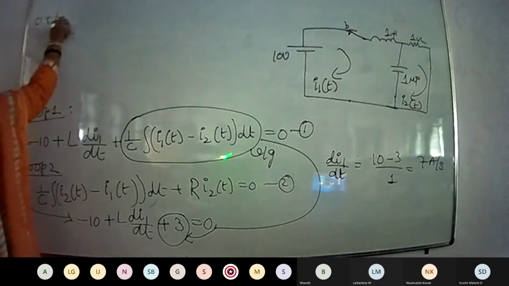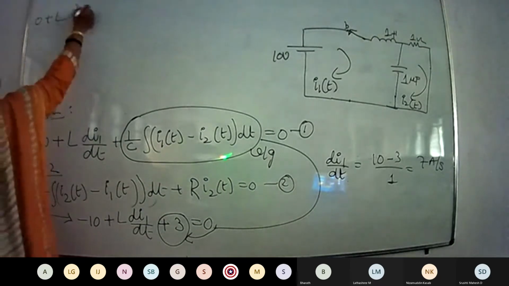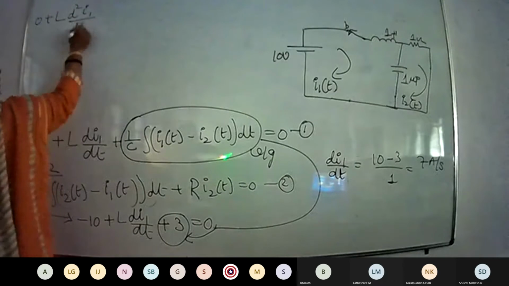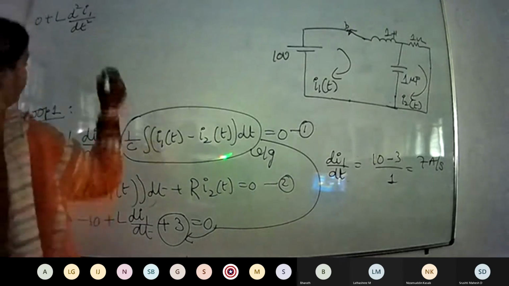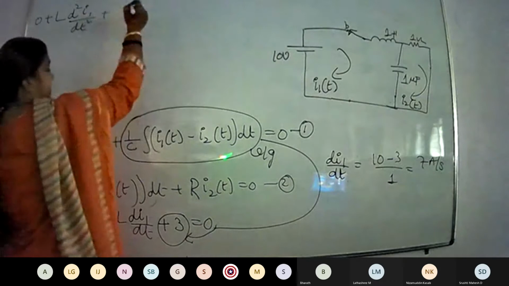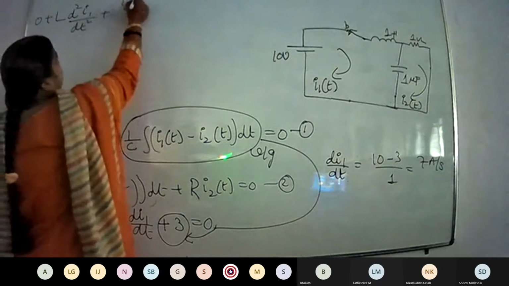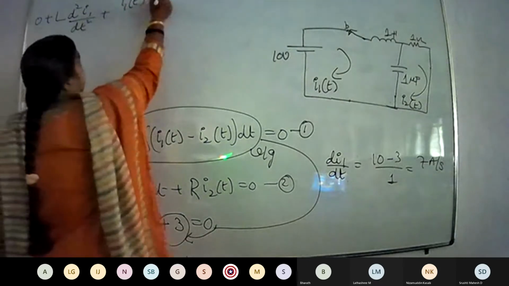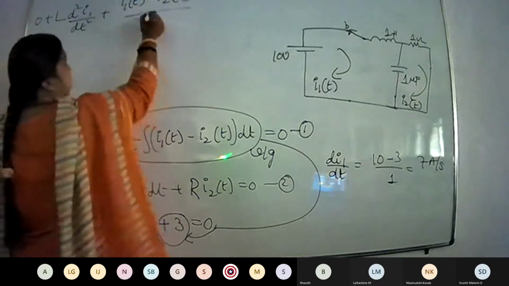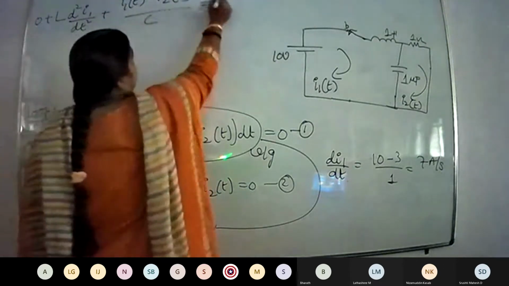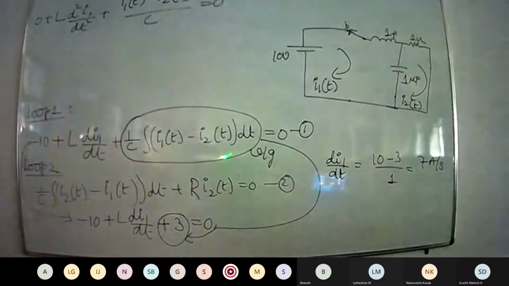It is 0 plus L into d square I1 by dt square, the differentiation of the inductor, plus, since integration and differentiation cancel, I1 of t minus I2 of t divided by C is equal to 0. This is the equation we are going to get.